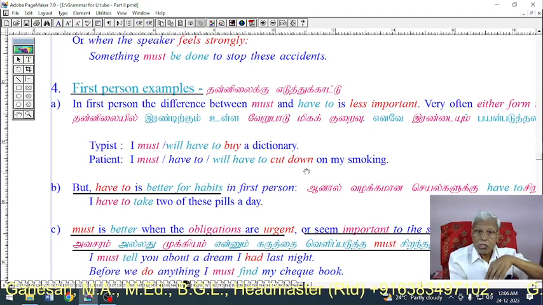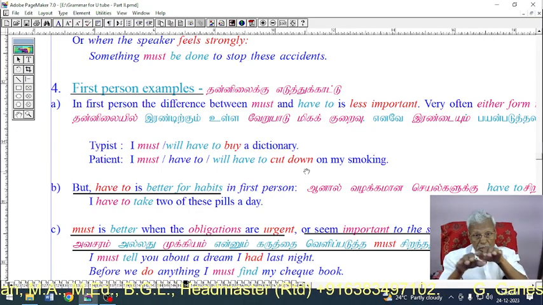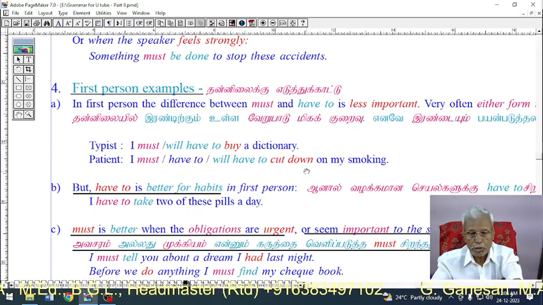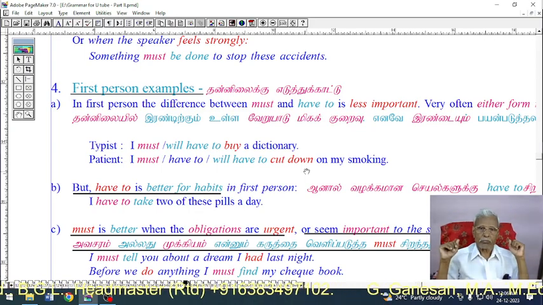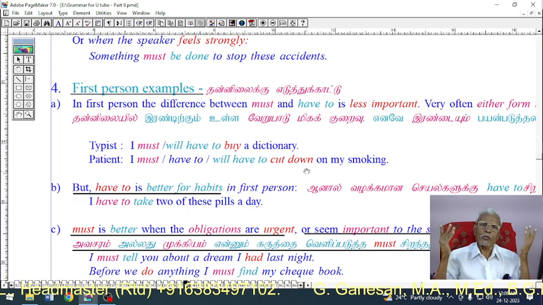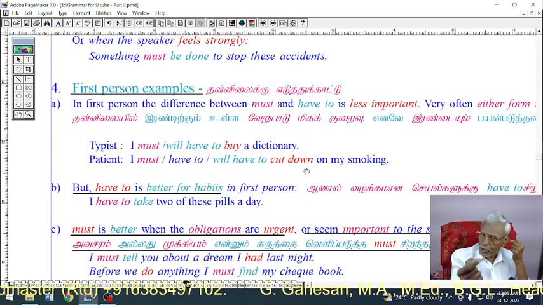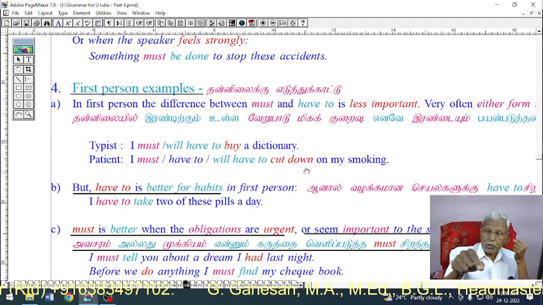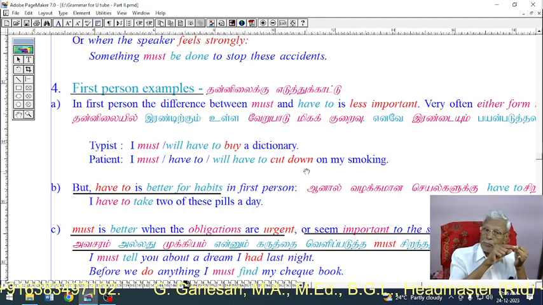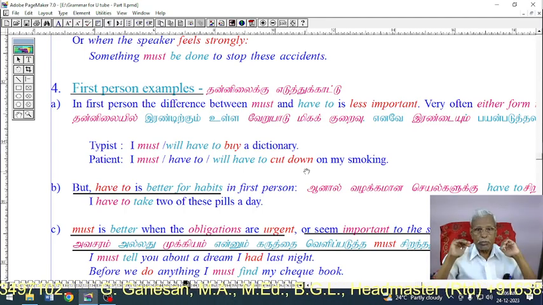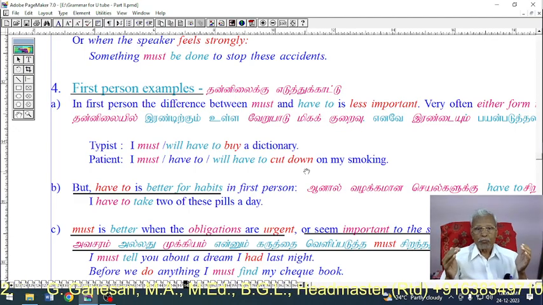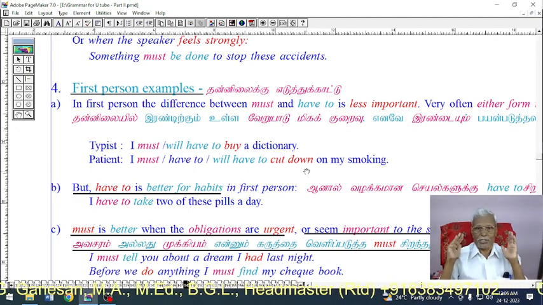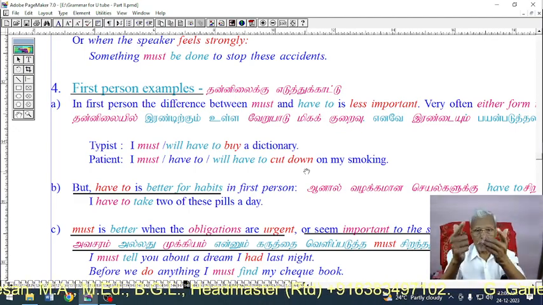But when the obligation of the subject is expressed, we use have to. In the second and third person, we use must to express the speaker's authority, but to express the obligation of the subject, we use have to.